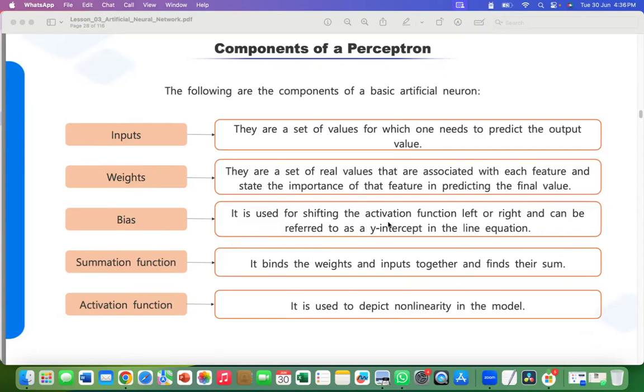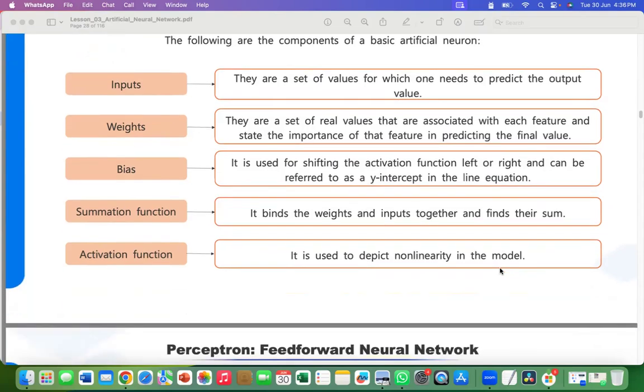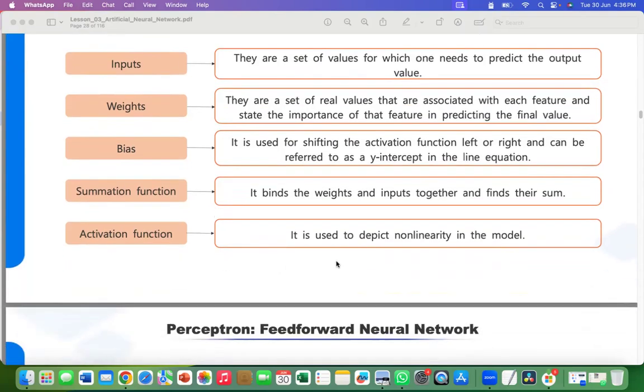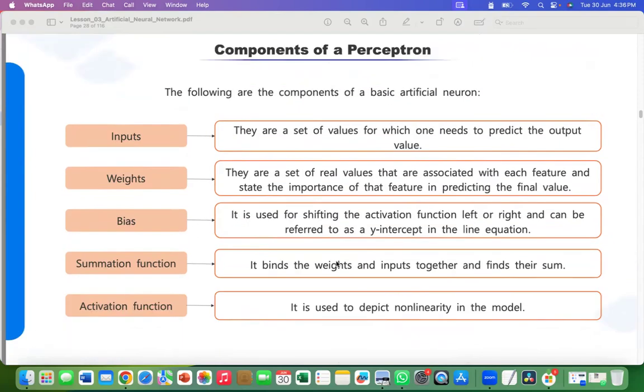Bias is used for shifting the activation function either left or right and can be referred to as the y-intercept in the line equation. The summation function binds the weights and inputs together and finds their sum. And the activation function is used to depict non-linearity in the model.